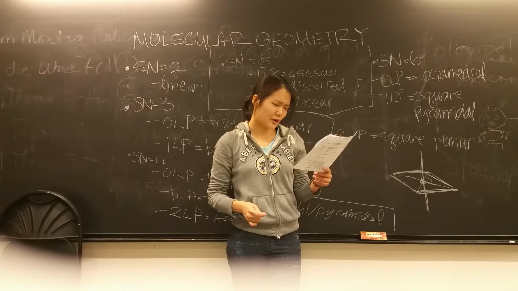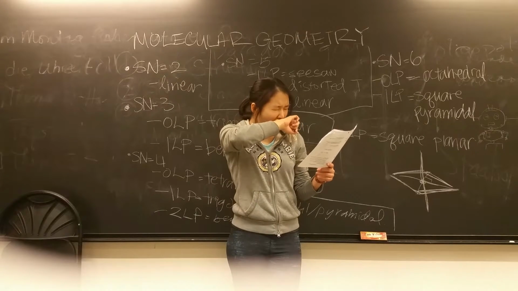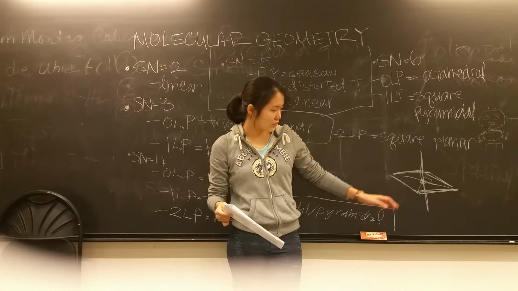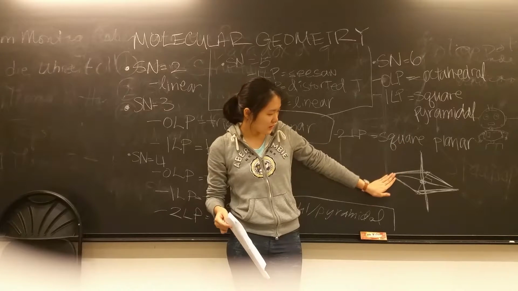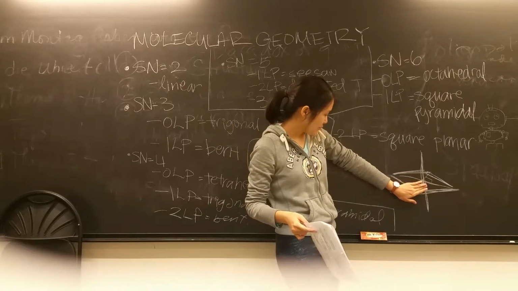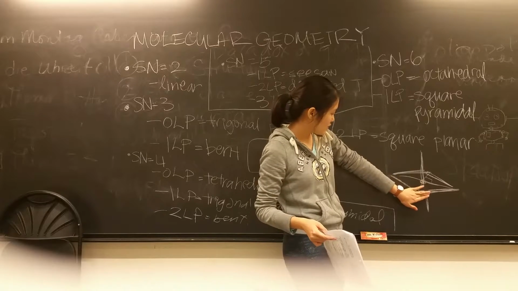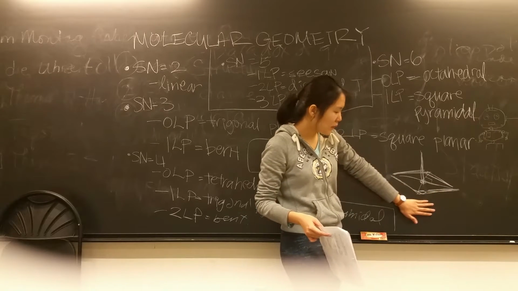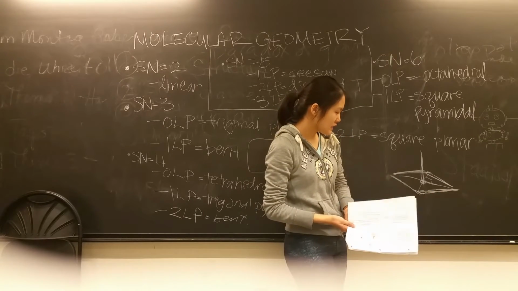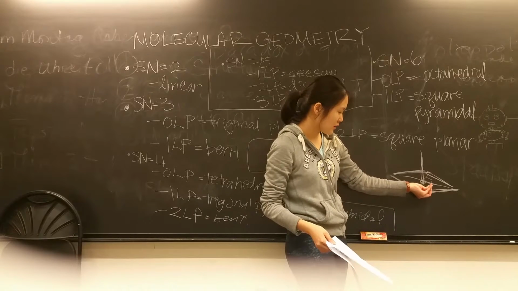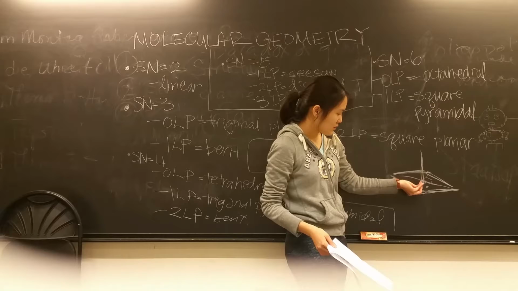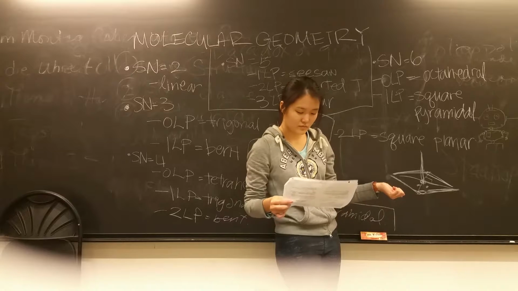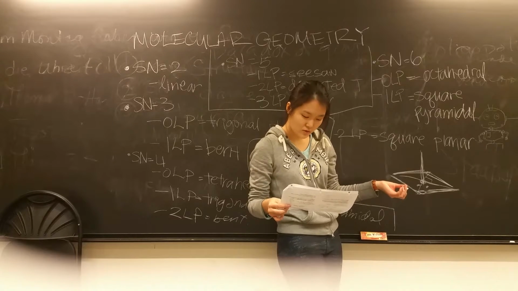I'm not really quite sure how that works because, if you replace this bottom electron density due to a bond with an electron density due to a lone pair, then wouldn't it repulse a little more than anything else? Why is it still square pyramidal?